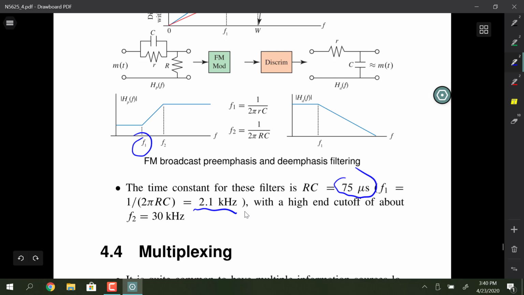And then you just flatten it out at 30 kilohertz, which is way above our human hearing. But that's just the design of the circuit in the olden days. And the Federal Communications Commission designates this as the way FM broadcasting is to be done on the FM broadcast dial or spectrum portion. You pre-emphasize and de-emphasize.